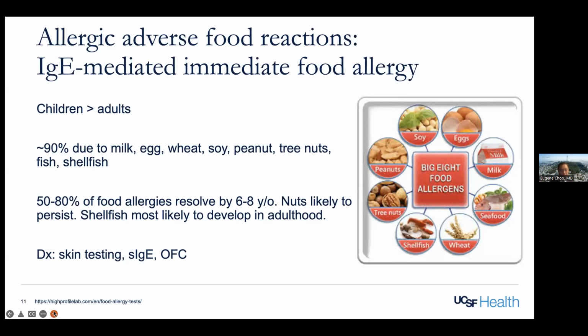The other thing about this entity is that about 50 to 80% of these true IgE-mediated food allergies resolve by the time a person's about hitting 3rd grade. That's for most of the foods. Unfortunately, the nuts, peanuts, and tree nuts are likely to be there for life, along with seafood. And if an individual is going to develop a new food allergy as an adult, then seafood and shellfish in particular is the most likely entity, really.